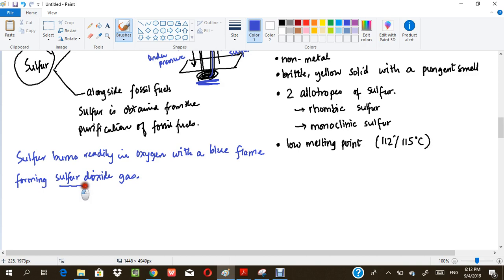Now, this sulfur dioxide gas is a major environmental pollutant. It's an air pollutant, basically.